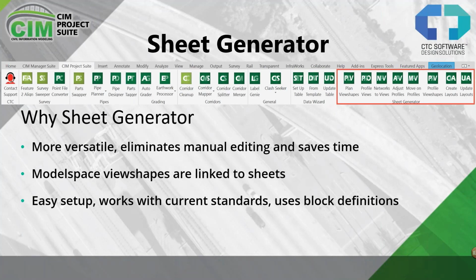Why Sheet Generator? Well, it's more versatile. It eliminates manual editing and in the end saves time. You create model view shapes that are linked to sheets. It's fairly easy to set up. It works with all your current standards and uses regular Civil 3D AutoCAD block definitions.